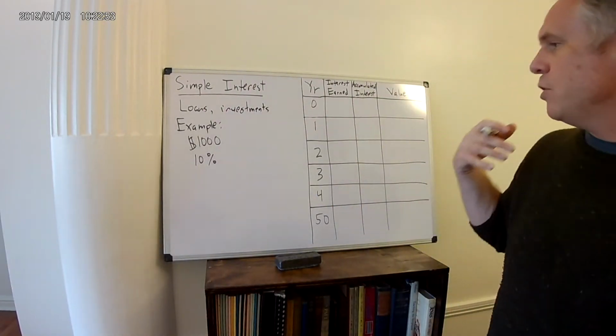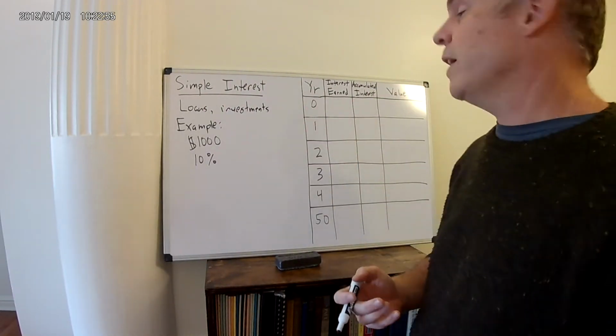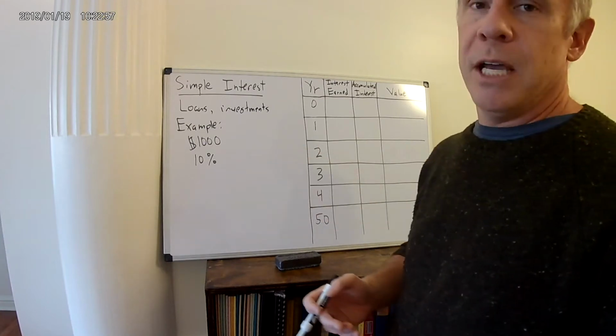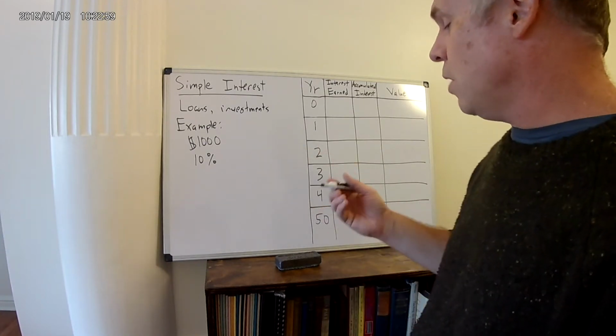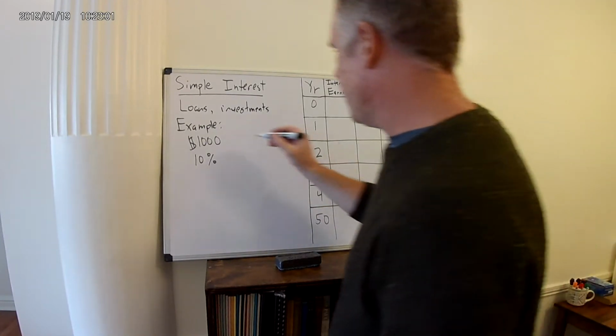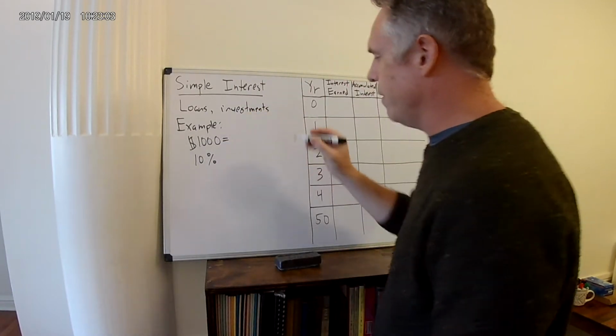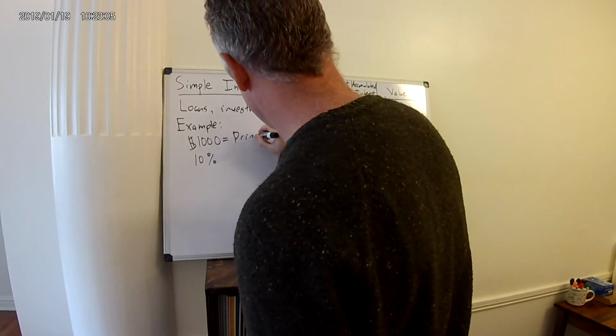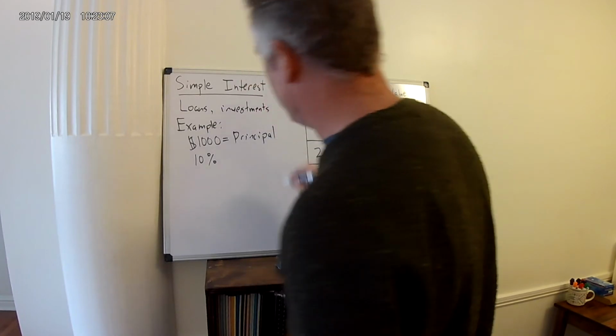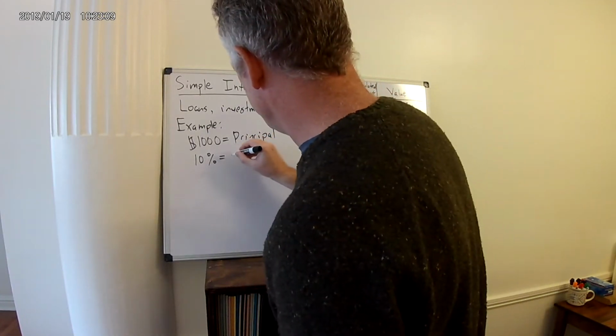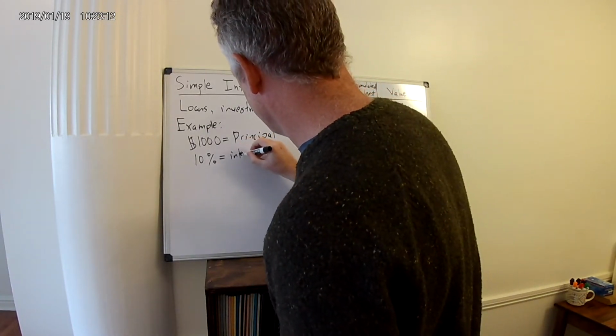So imagine you're investing $1,000 into an account. And then every year you earn 10% interest on that $1,000. By the way, just to introduce you guys to some terminology, this initial investment is called the principal. Okay, and this 10% is called the interest rate.